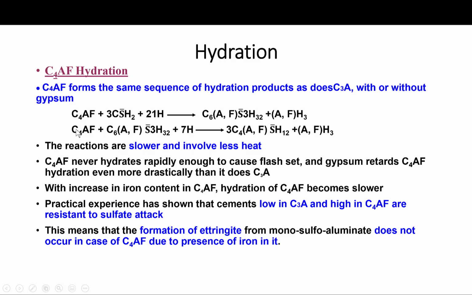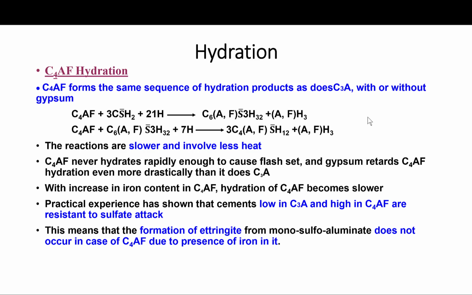Again, the remaining unhydrated C4AF will react with the product formed here with water, and will give us another calcium aluminate ferrite sulfate hydrate and other aluminum ferrite hydrate phases. But the reactions are slower and involve less heat than C3A. Also, the C4AF never hydrates rapidly enough to cause flash set, and the gypsum retards the C4AF hydration even more drastically than it does in the case of C3A.